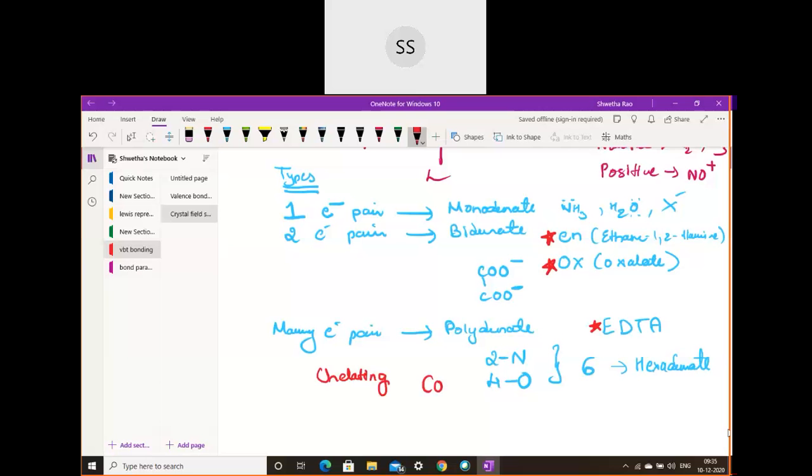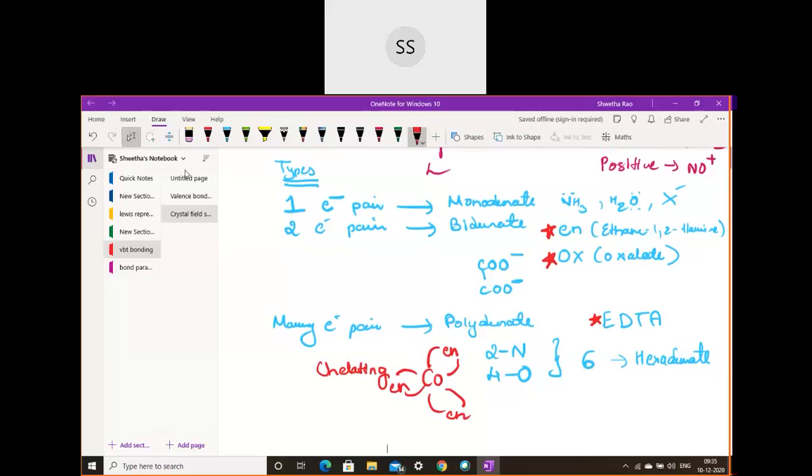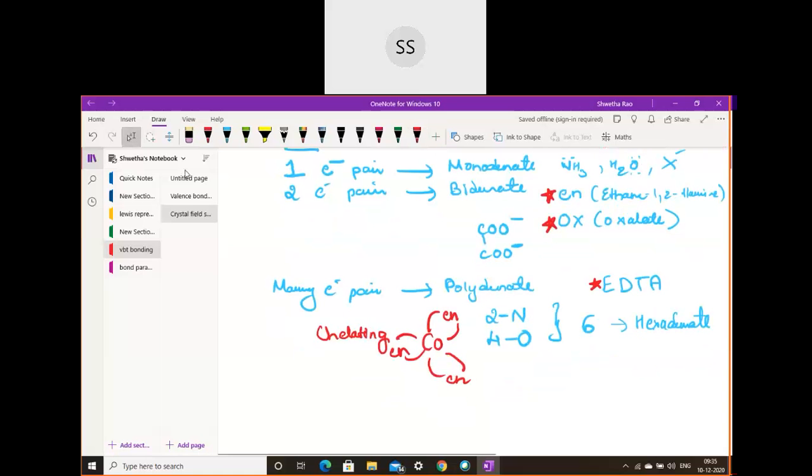Then I even told you about the chelating ligand. Chelating ligands are the ones which form ring-like structures, and in that one particular ligand, there are two donating groups present. For example, bidentate ligands are there, no? En, I'll just put a star mark here. En is a chelating ligand, oxalate is a chelating ligand, and EDTA is also a chelating ligand.